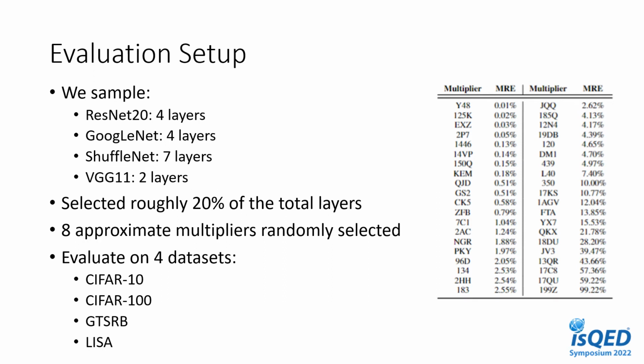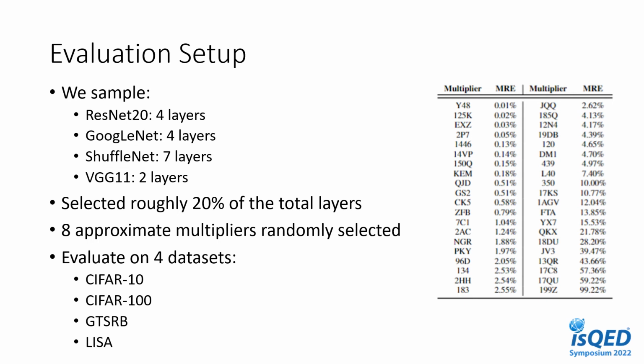Specifically, we selected 4 sampling layers for the ResNet 20 and GoogleNet networks, 7 layers for the ShuffleNet network, and 2 layers for the VGG11 network. Our goal was to select roughly 20% of the total DNN layers as our sampling points, where half of them would be resilient layers and the rest of them would be sensitive.